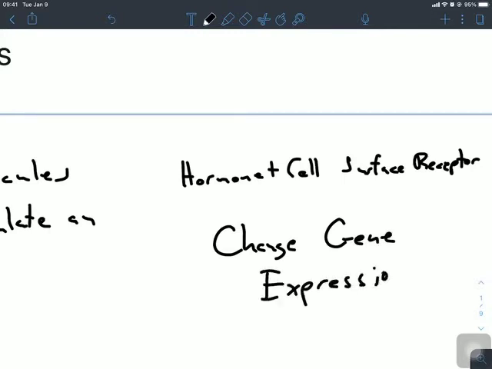So they are an external signal that's going to tell that cell that it needs to do something different from what it has been doing. It needs to turn on a brand new set of genes, turn off something that was there before, and fundamentally change its metabolic profile. So it's got to do something different.